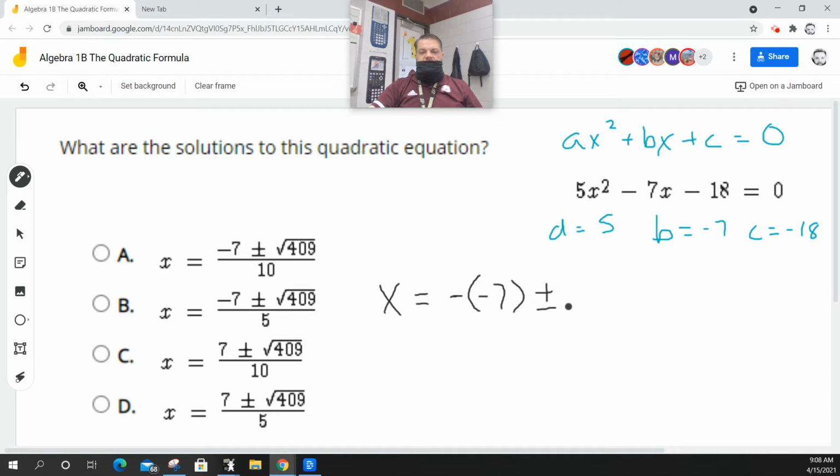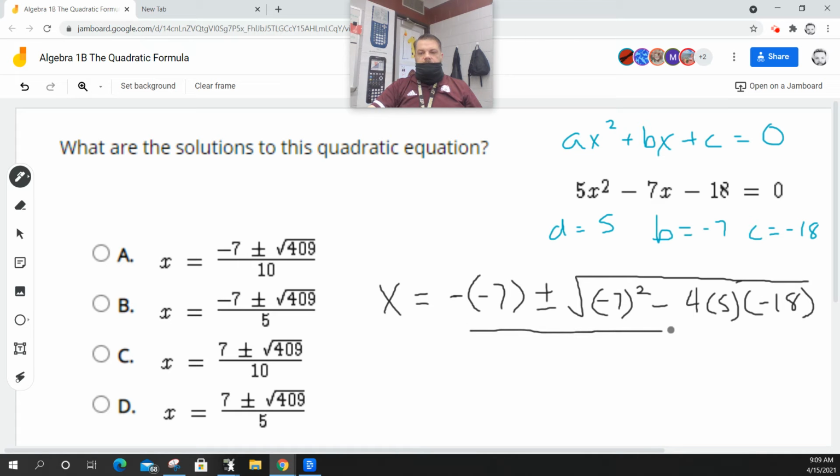Plus or minus the square root of -7 squared minus 4 times a, which is 5, times c, which is -18. And that's all over 2 times a, which is 2 times 5.